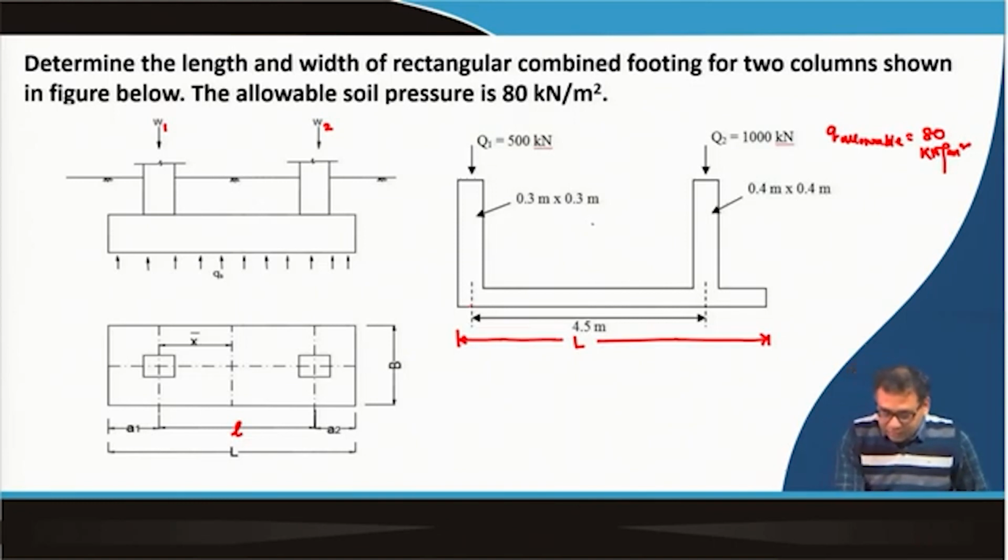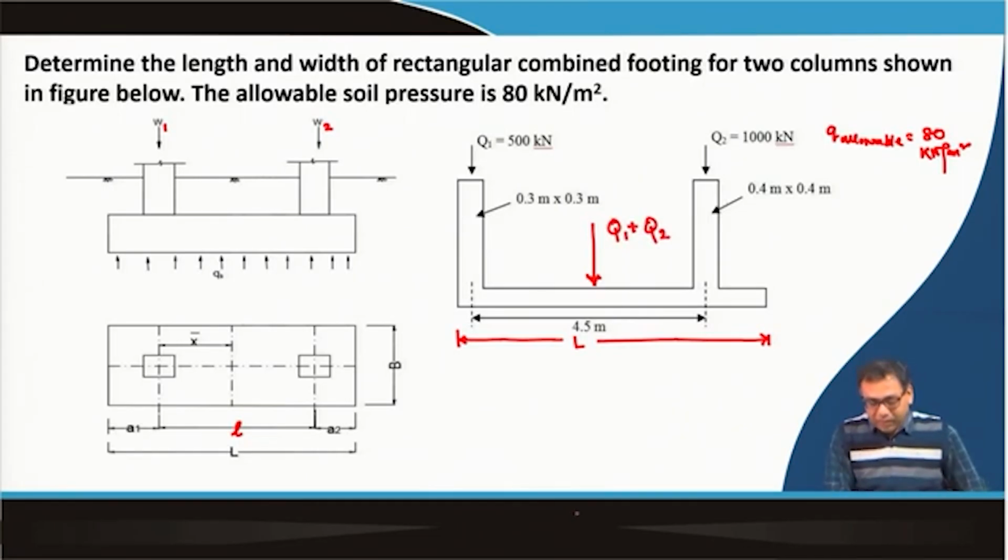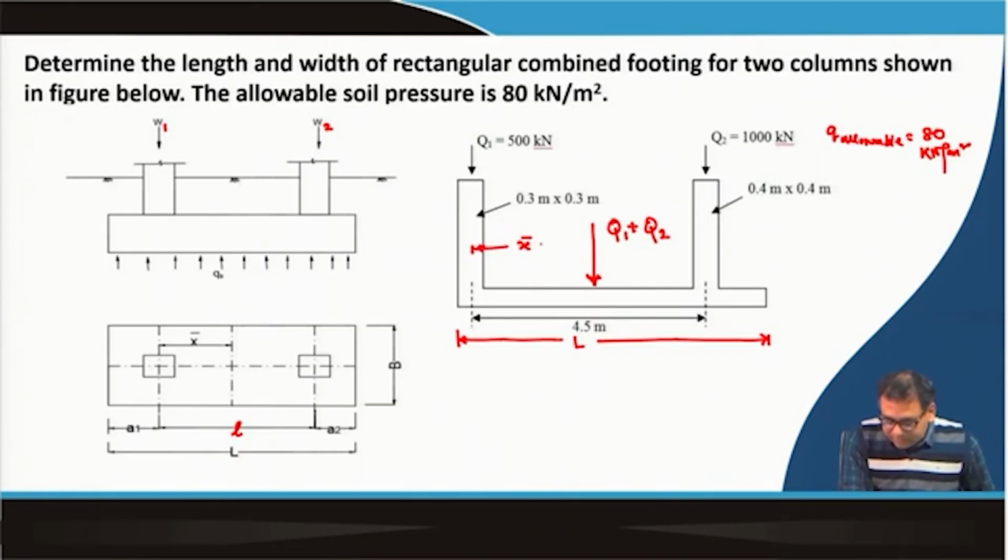The resultant force Q1 plus Q2 is acting at x bar from the center of that column.